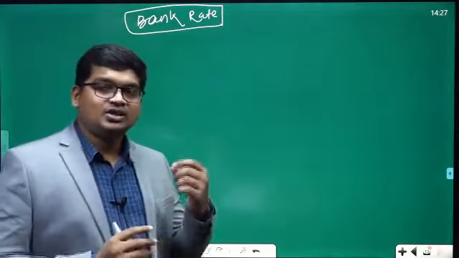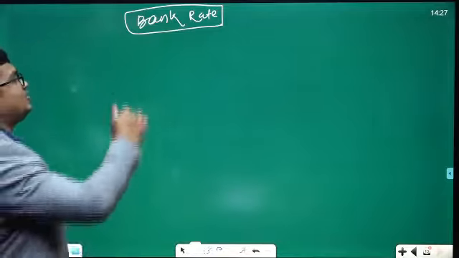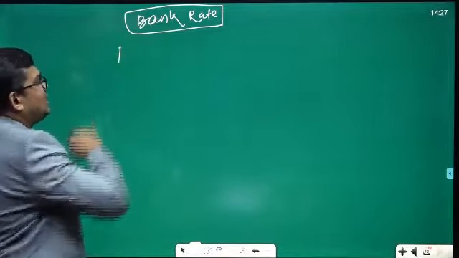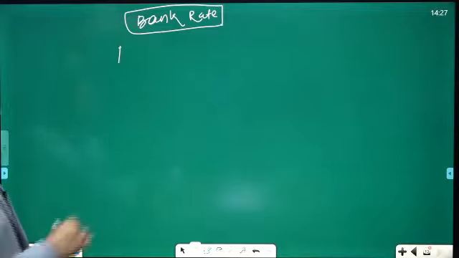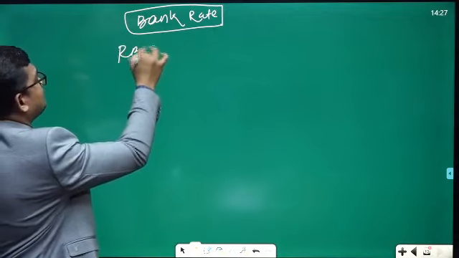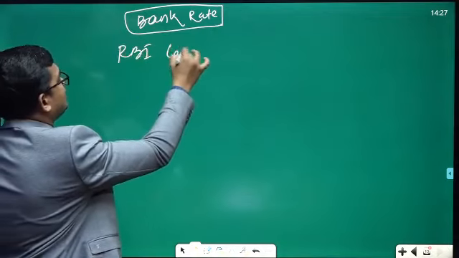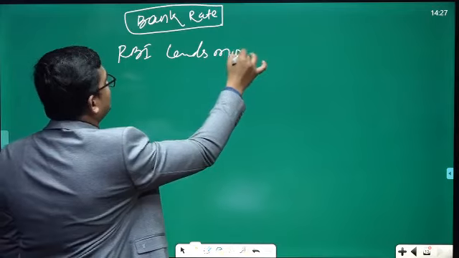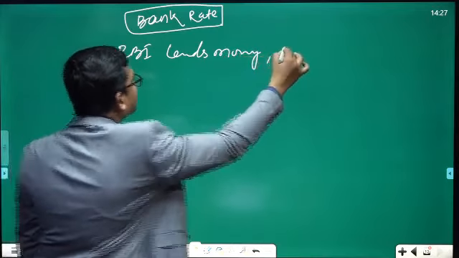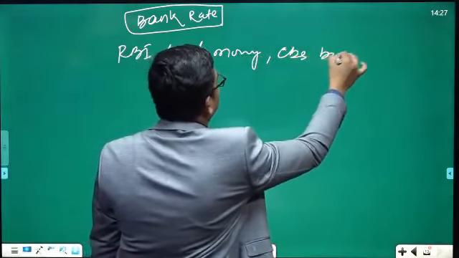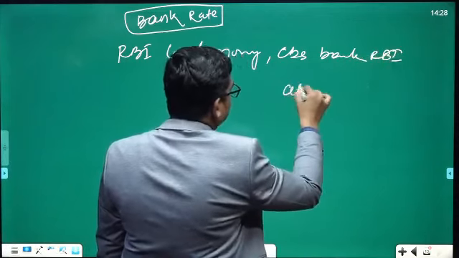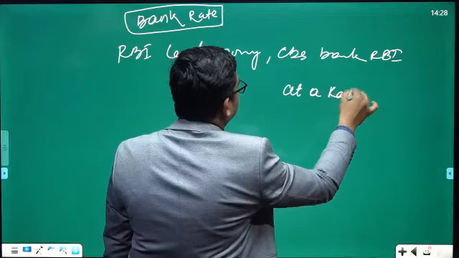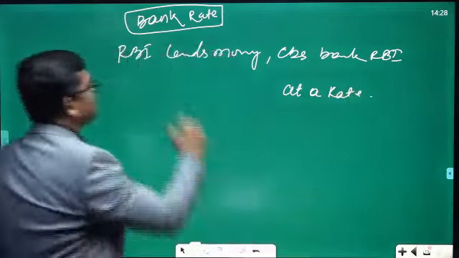I repeat, you can simply say it is the rate of interest at which RBI lends money, or a commercial bank borrows money from RBI, and that rate is known as your bank rate.